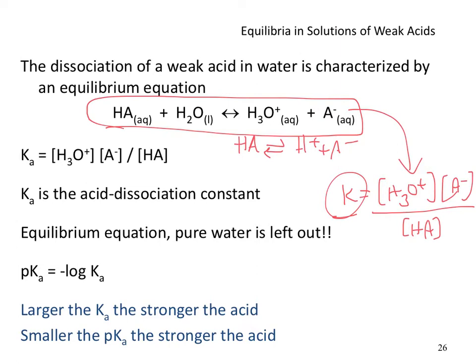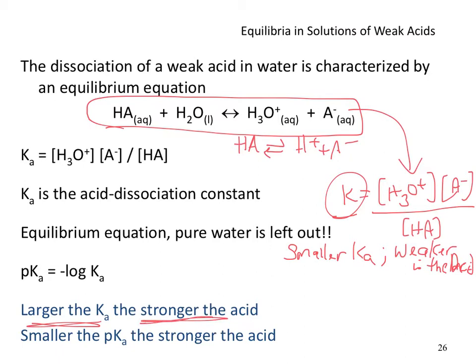And so smaller the value of Ka, that means weaker will be the acid. Or larger Ka means stronger the acid.